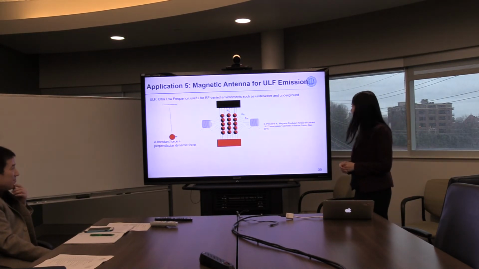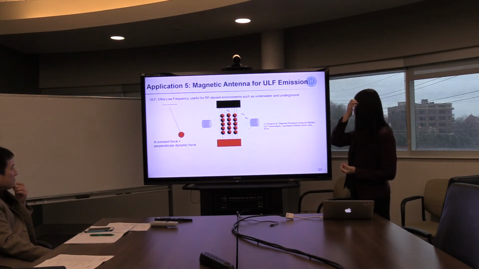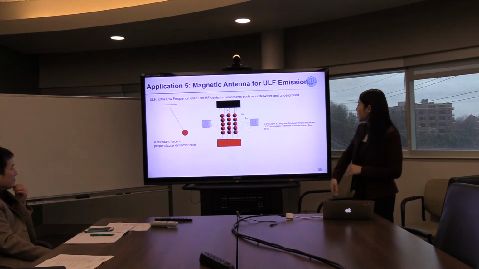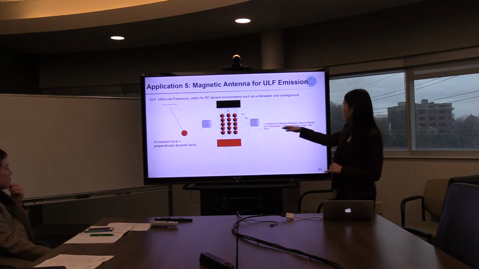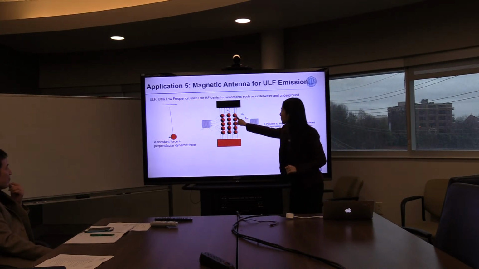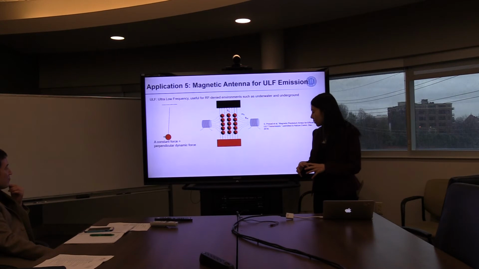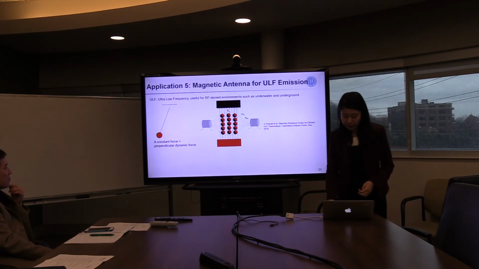Okay. Last application is for a magnetic antenna for ultra-low frequency emission. So this one actually used a similar concept of the pendulum, but we use a permanent magnet. Each of them is a permanent magnet, and it's like a scaled up phenomenon of the magnetic spins.